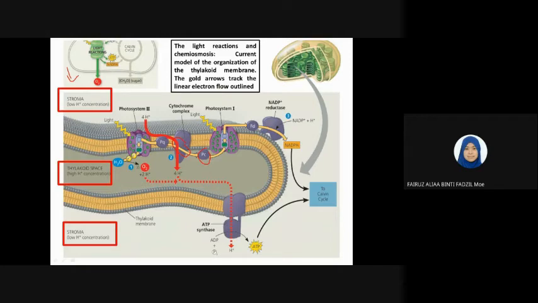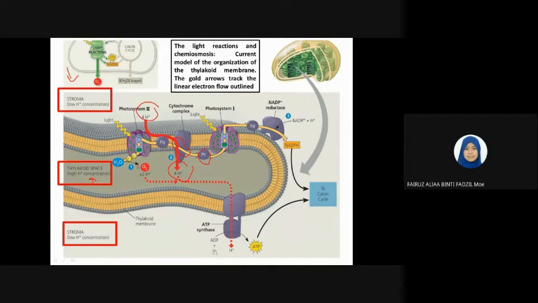The red arrow shows the proton pump from the stroma into the thylakoid space. When we say pump, it means active transport, meaning the proton moves against the concentration gradient. The stroma has a low proton concentration and the thylakoid space has a high proton concentration. That means the proton is pumped against its concentration gradient, isn't it?